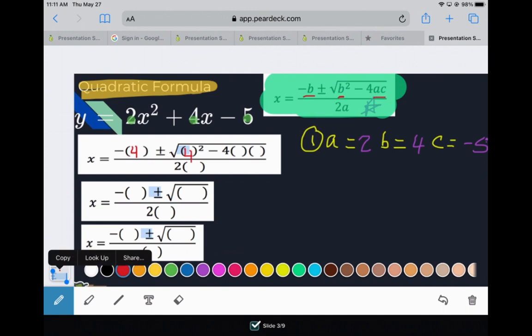Minus 4 times A times C. So I replace A with 2, and then C with 5. And on the denominator, I have 2A, so that's 2 times 2, because 2 is the A value. Any question for me so far?